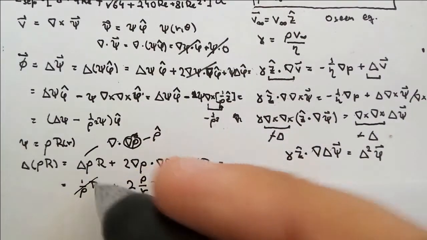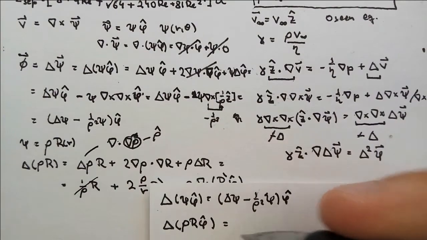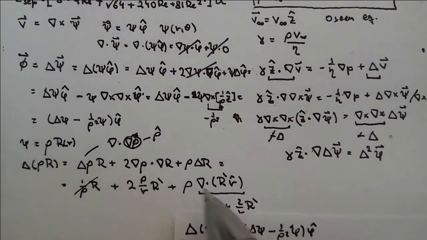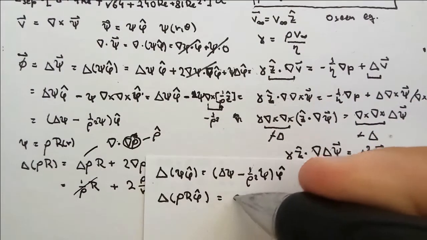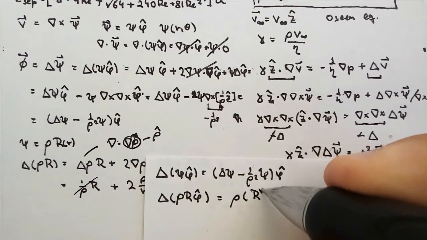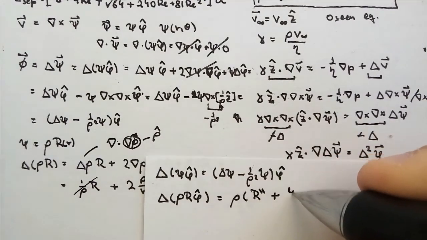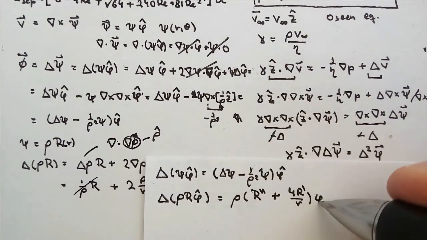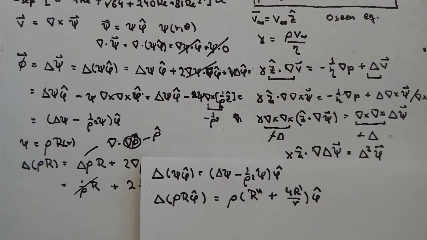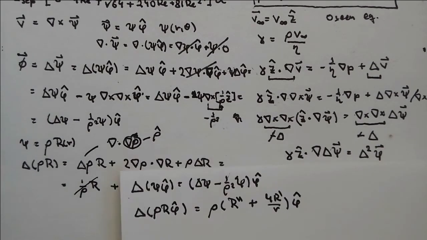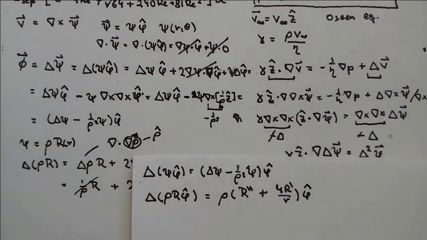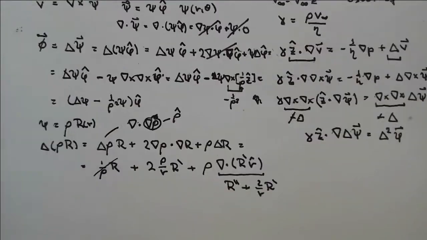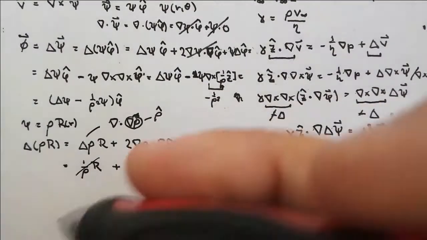So this cancels out, so we are left with this rho times 2 plus 2 is 4, so this is the result of our compute. This is 4r over r times phi hat. So this is the formula we will use later. Again, you have seen it already in the video on the derivation of Stokes' law.